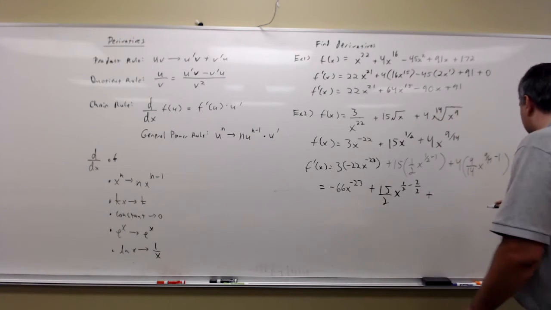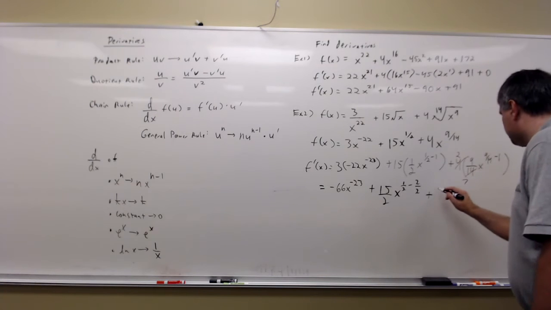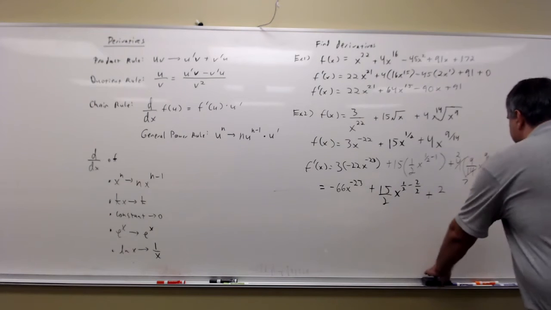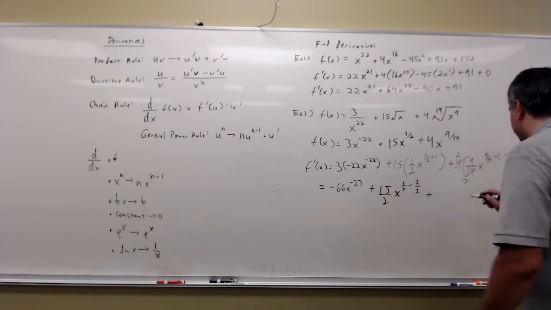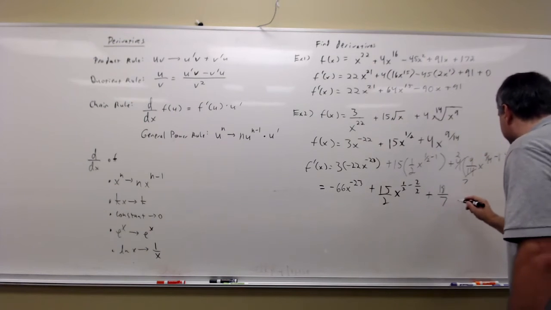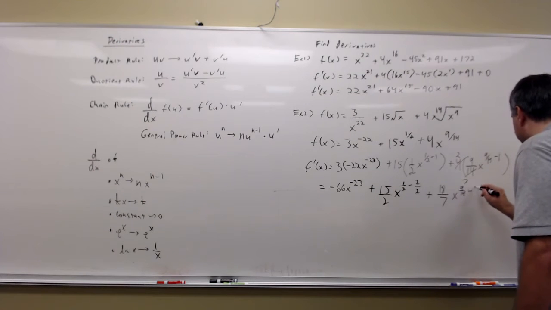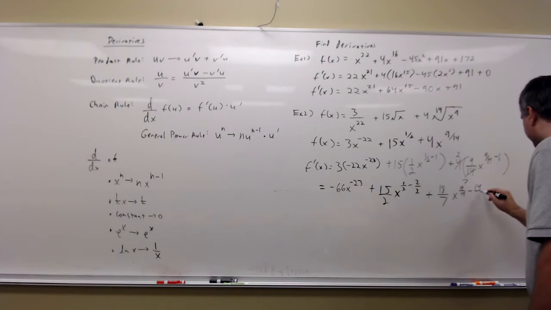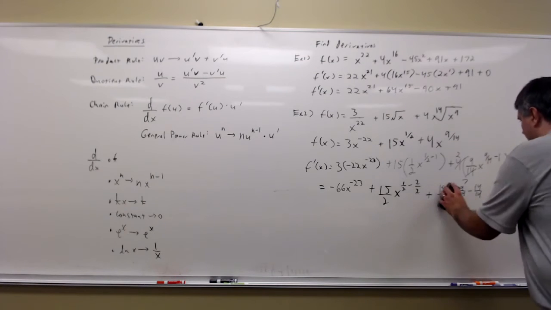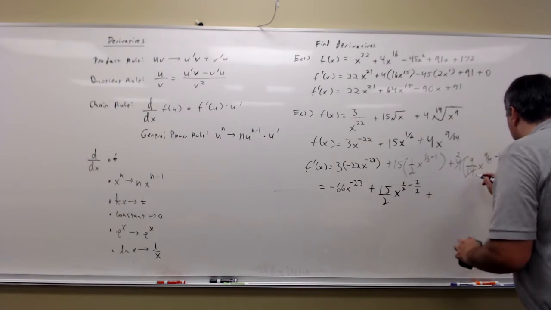Plus, I cancel the 4 and the 14th, that leaves me 2 and 7. So 2 times 9 is 18. 7ths, x to the 9/14 minus, well, 1 would be 14/14 if we want a common denominator, which we do. Okay? That would be 7.